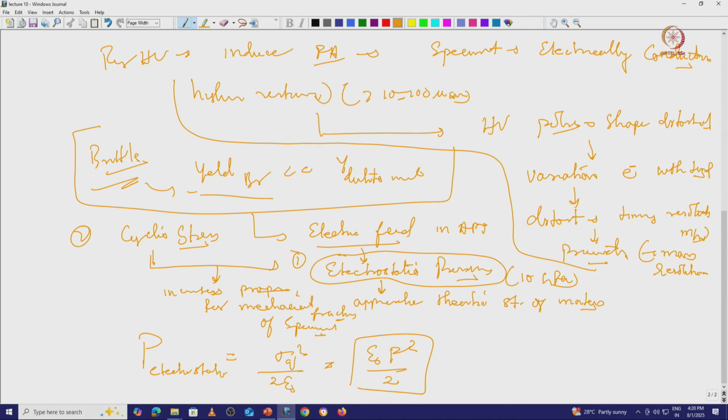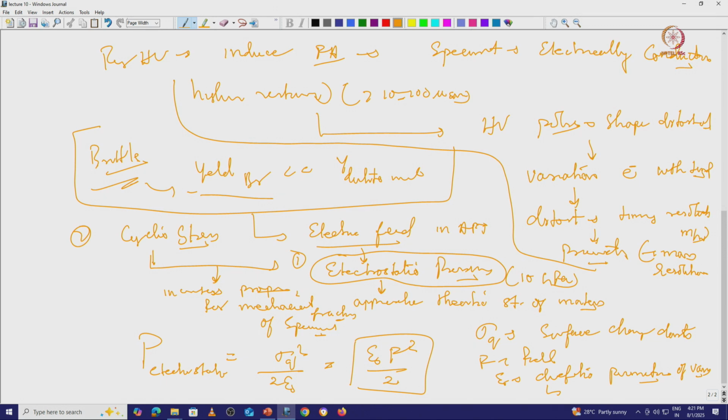Here sigma q is the surface charge density, F is the field, and epsilon naught is the dielectric permittivity of vacuum. It is the measure of how easily a material can be polarized by the field.